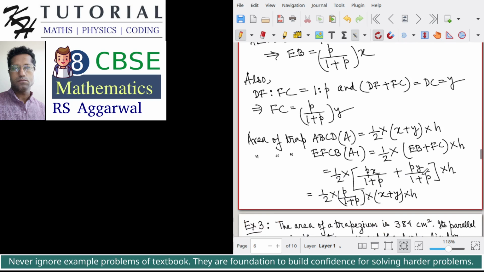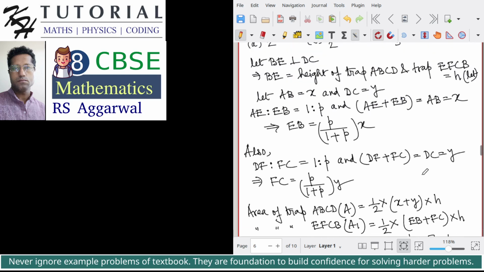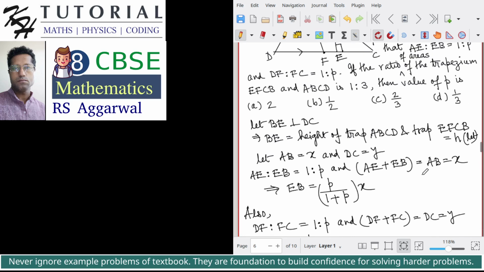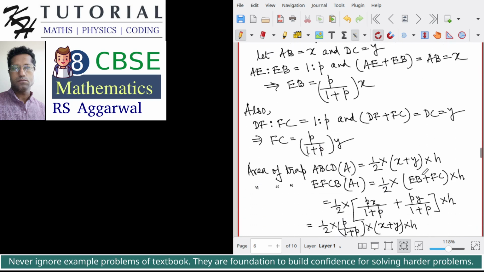Now we have to find the ratio of these two areas, A1 and A. It is given that the ratio of the area of EFCB and ABCD is 1:3.